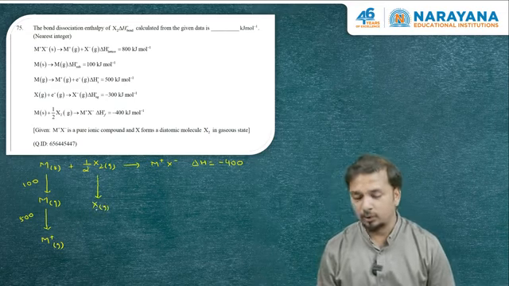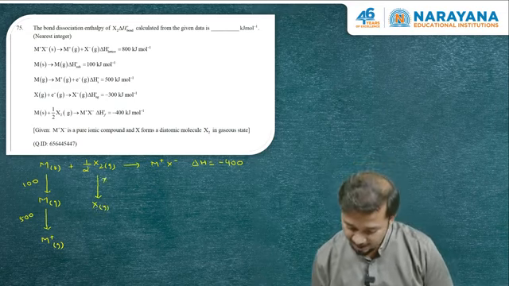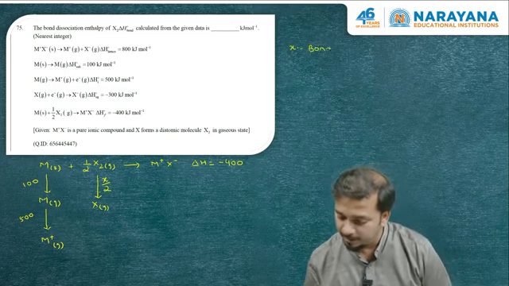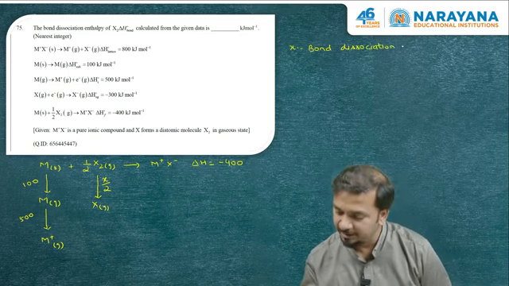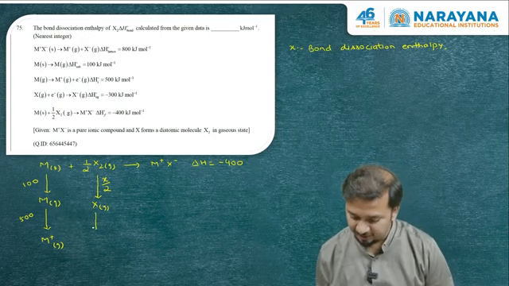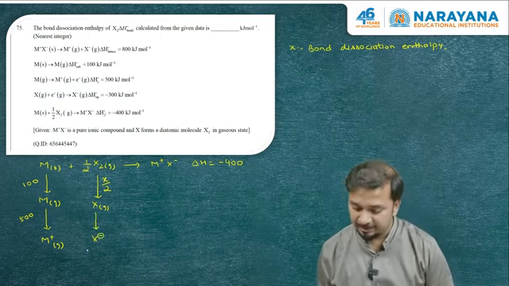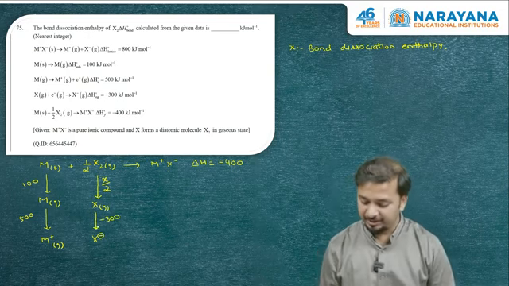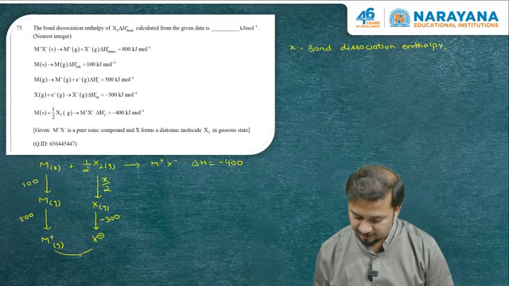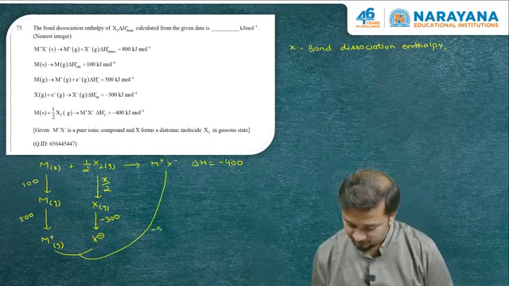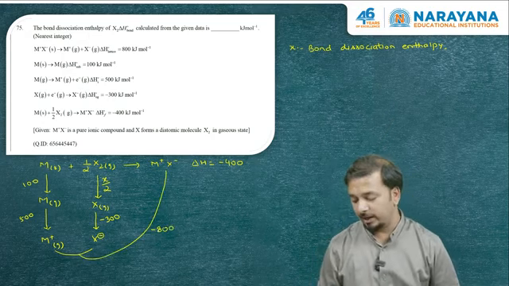The energy which is required for this will be X divided by 2, where X I am assuming as bond dissociation enthalpy, and this X is becoming X minus. In this process they are saying that 300 kilojoule per mole energy is released, and this M plus and X minus, they are attracting each other and getting converted to MX. In this process 800 kilojoule per mole energy is released.